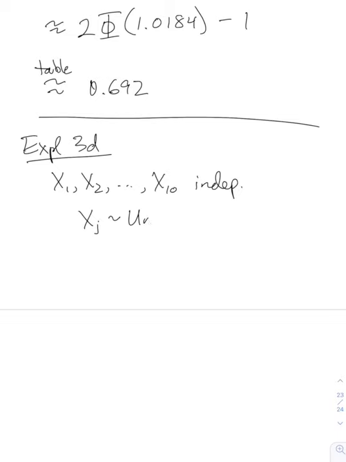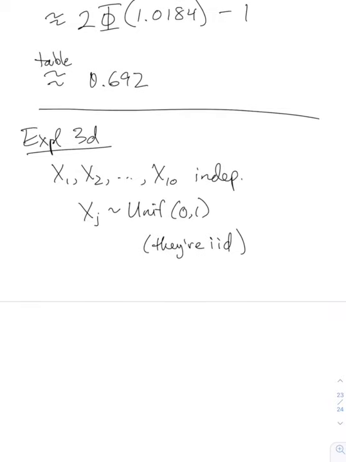So if they all have the same distribution, then they're not only independent, they're IID, which is what we need. Calculate an approximation to the probability that the sum, as j goes from 1 to 10, of xj is greater than 6.